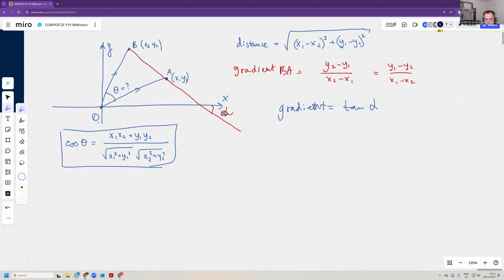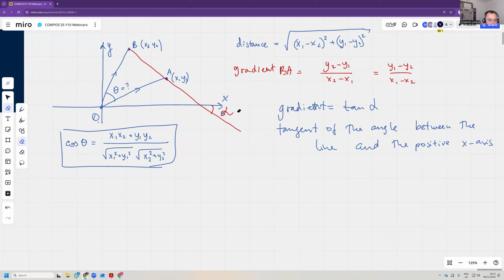But if it goes down, it's negative. So gradient is the tangent of the angle between the line and the positive x-axis.